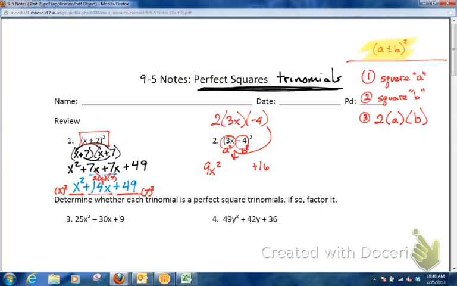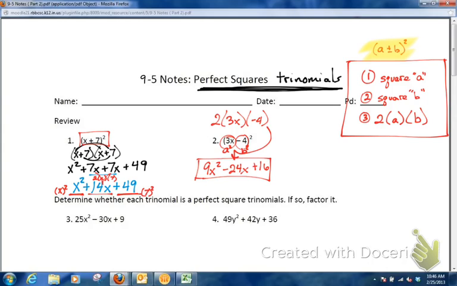And that's going to create our middle piece of, what is that? Negative 24x. And there's your answer. So there was your shortcut when squaring a binomial, so that you didn't have to FOIL. You could have used this shortcut over here instead of FOIL.